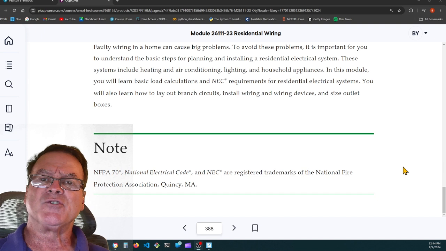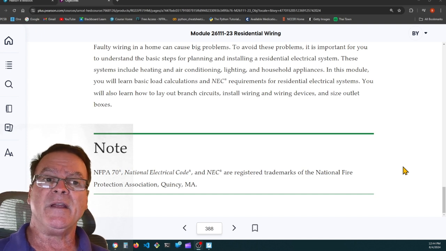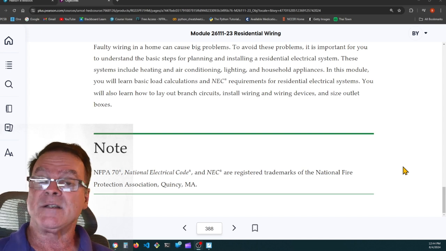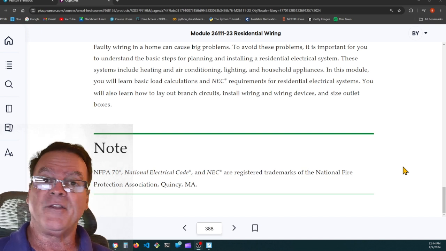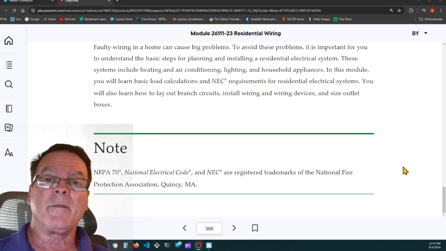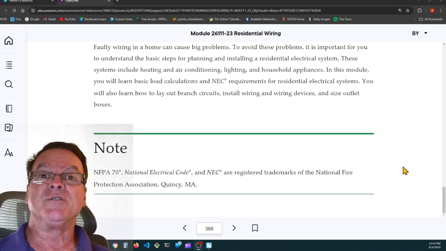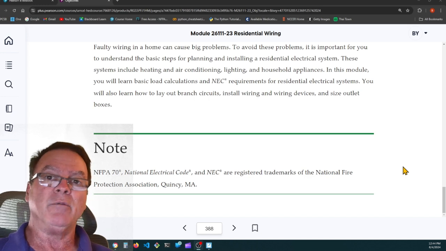It's not just making sure that what you wire today is going to be there in a year when the warranty runs out. It's going to be there for 20 years, 30 years. And you want to make sure that the work that you do today is going to be safe for 30 years. You want to make sure that that end user, John Q. Public, they don't know anything about electricity.